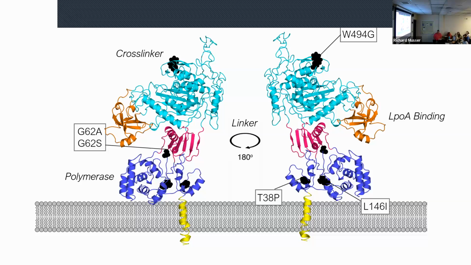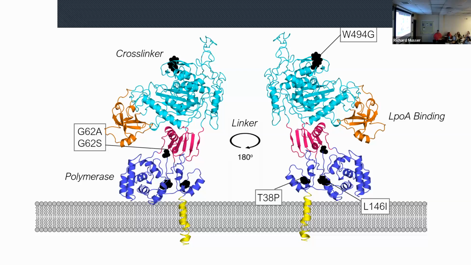And we had a number of these mutations and had to select which ones we wanted to move forward with. Couldn't research all of them. And we selected the G62S mutation here in the linker domain to move forward with. The reason was that at the same time I was doing this research in E. coli, one of my colleagues, Neil Green, was doing the same sort of research in Pseudomonas aeruginosa.